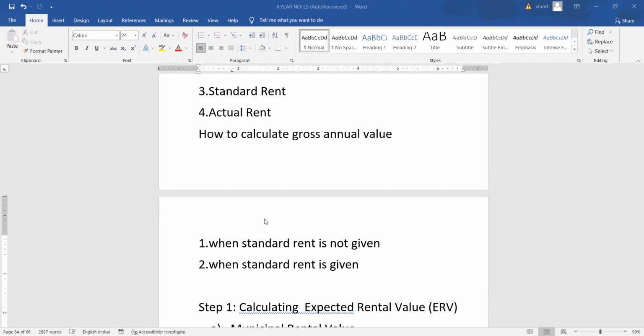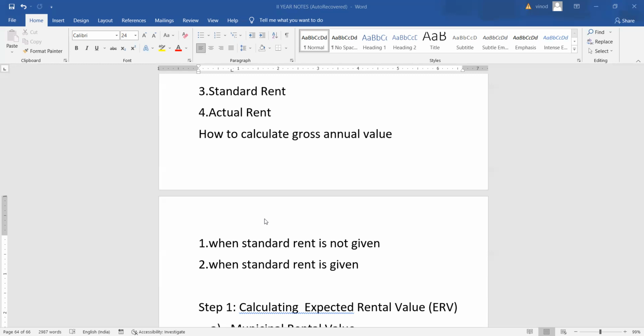It is similar to the earlier one. However, there may be one more additional step we have to add. Let's discuss how to calculate gross annual value when standard rent is given in the problem.